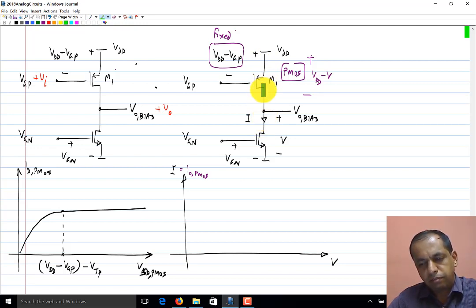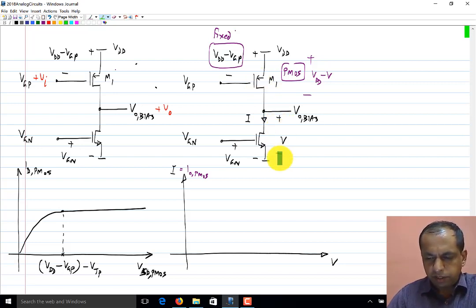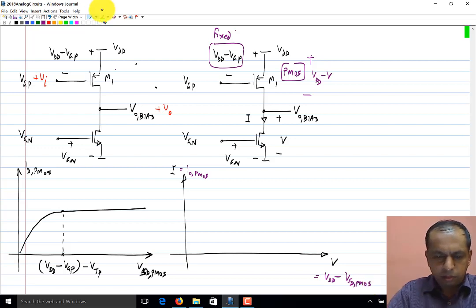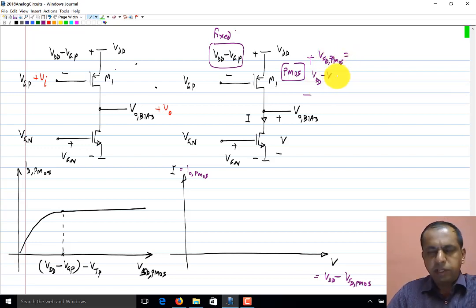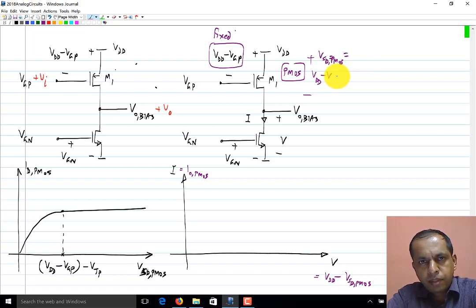So this I is nothing but ID of the PMOS transistor, whereas this V is VDD minus VSD of the PMOS, right? Because VSD of the PMOS transistor is given by VDD minus V.